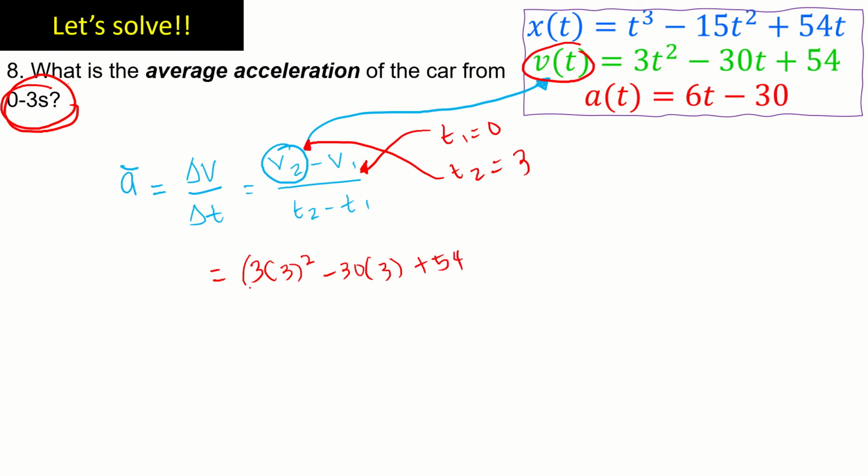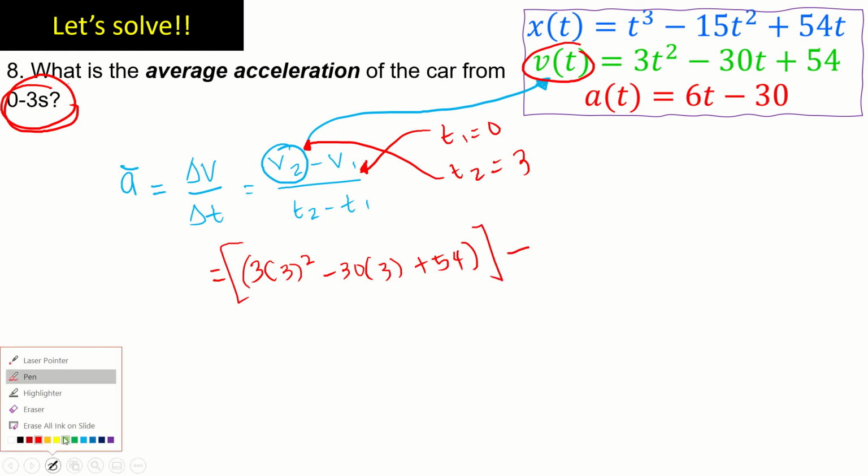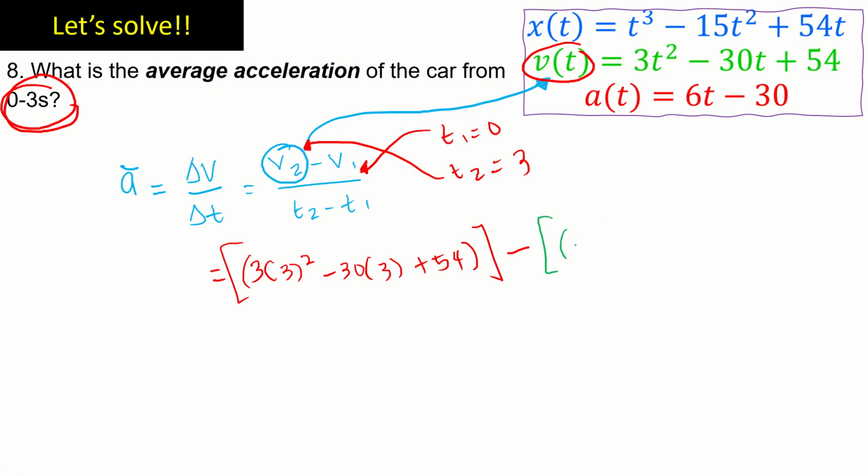This is your v sub 2, minus the value of, let's use a different color, minus the value of 3 times 0 squared minus 30 times 0 plus 54.